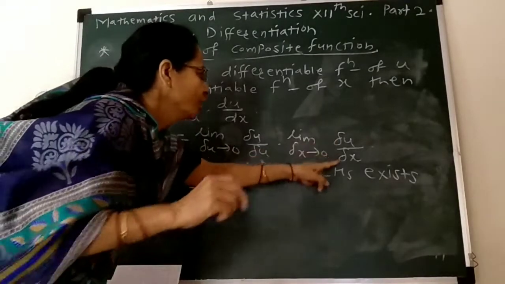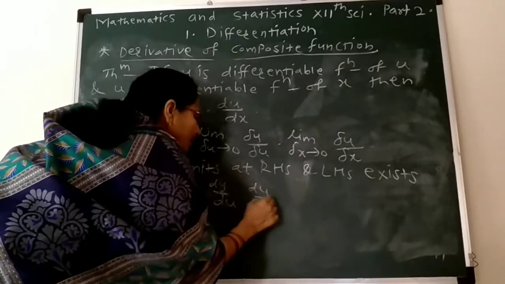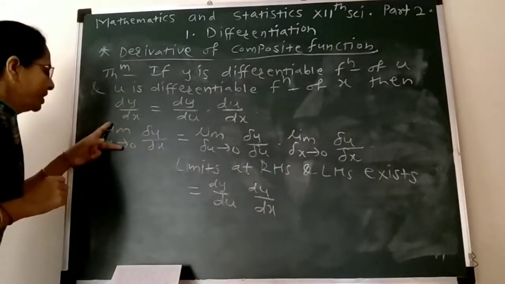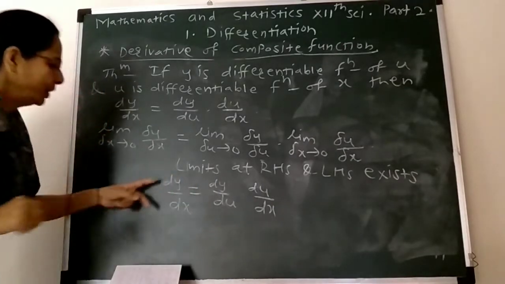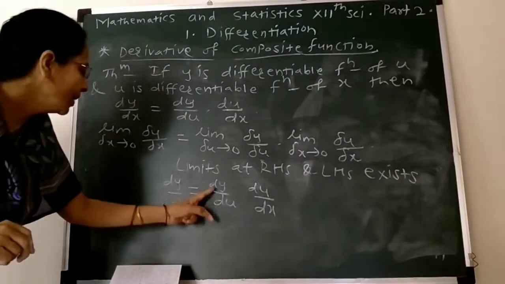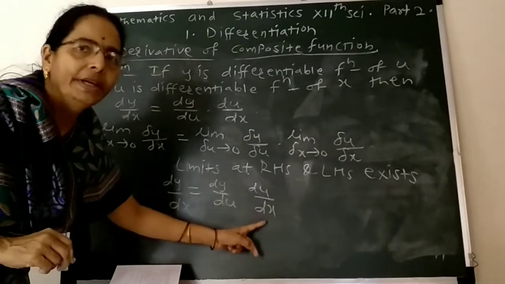Value of this is du by dx. Value of this is dy by dx. Therefore, dy by dx is equal to dy by du into du by dx.